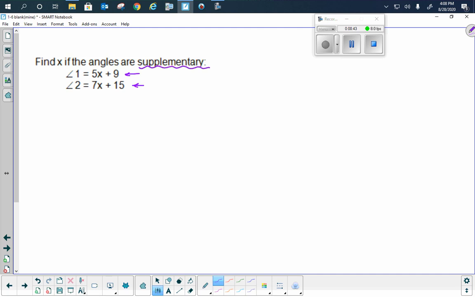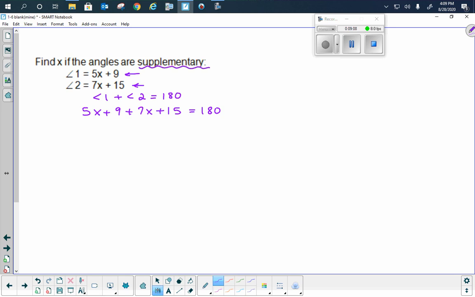That means here's my equation: 5x plus 9 plus the 7x plus 15, angle 1 plus angle 2, equals 180. Even if you wanted to write that above to help you, angle 1 plus angle 2 equals 180, that would work.